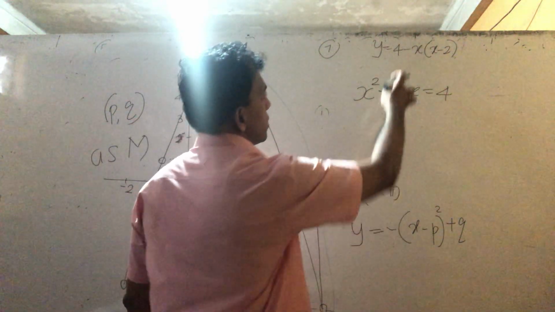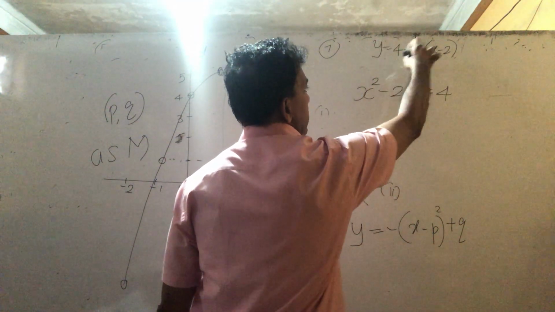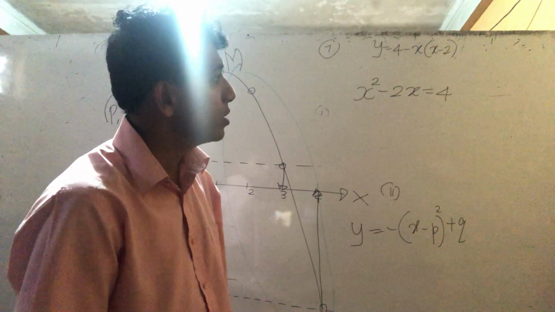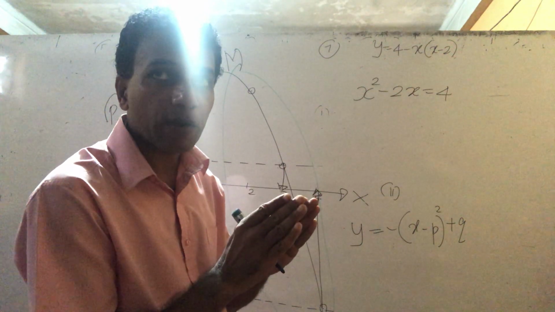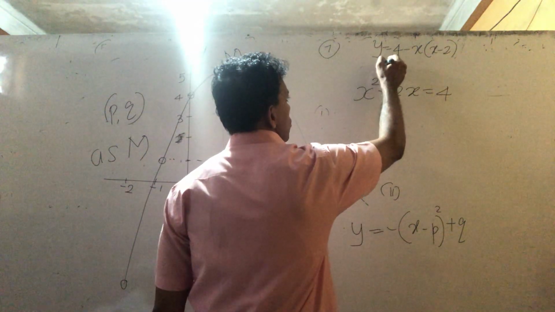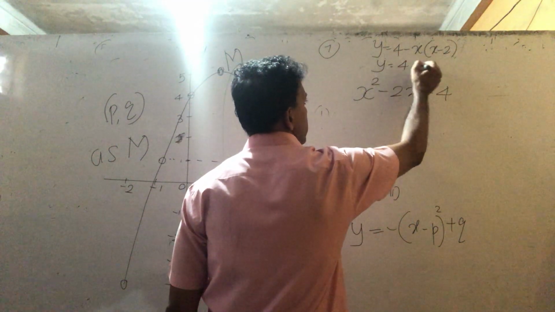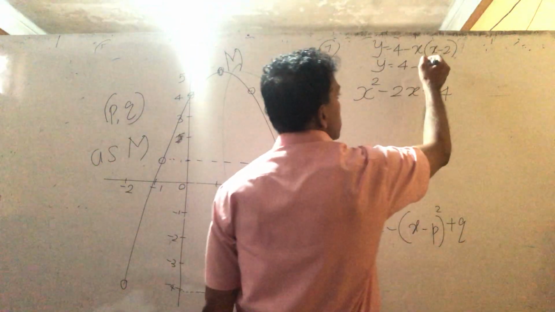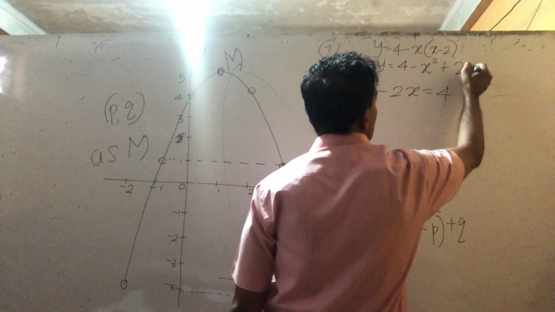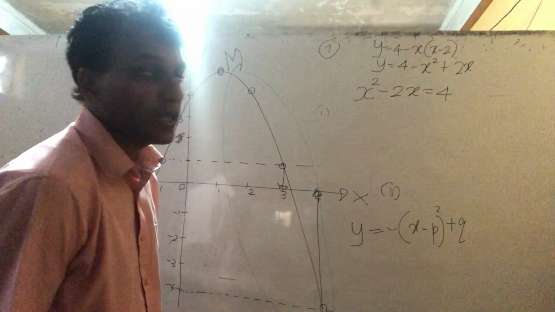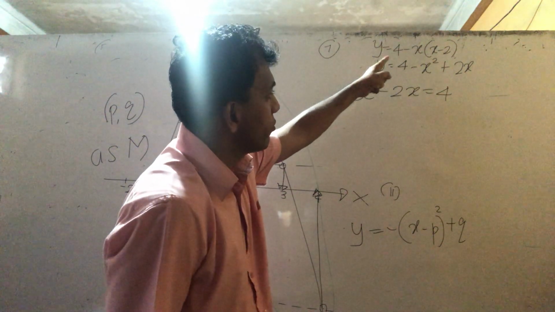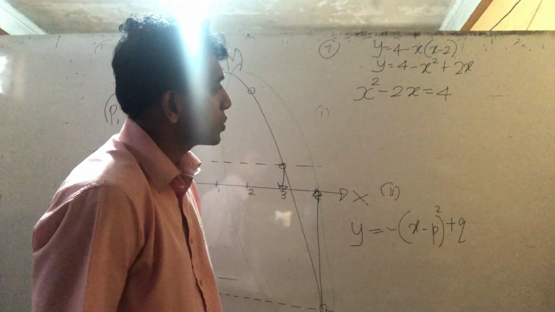So here is the graph we drew. y equal 4 minus x into x minus 2. That is my first equation. But I rearrange it a little bit because there is an x square. So multiply the x and rearrange. y equal 4 minus x into x square minus, into minus, plus 2x. y equal 4 minus x into x square plus 2x.